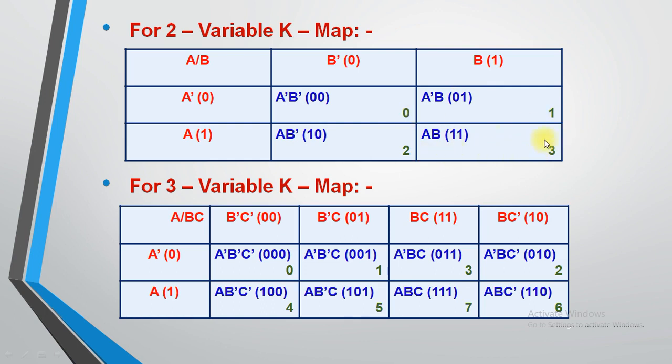When you draw a K-map for 2 input variables, first you make cells in this way.